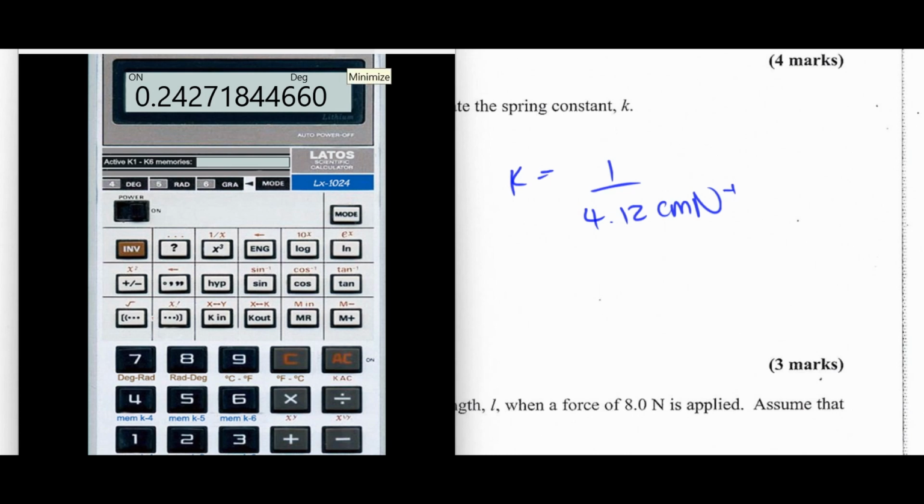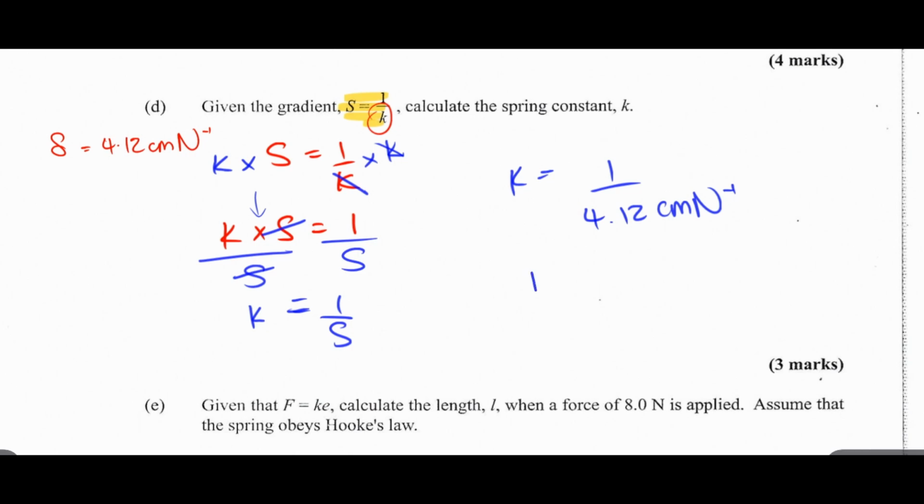Now, seeing that the 2 that comes under it is below 5, we're not going to add 1 to the number that you're stopping at. So that's why we're going to leave this as 0.24. So K is equal to 0.24 newtons per centimeter instead of centimeters per newton. So I hope you got that.